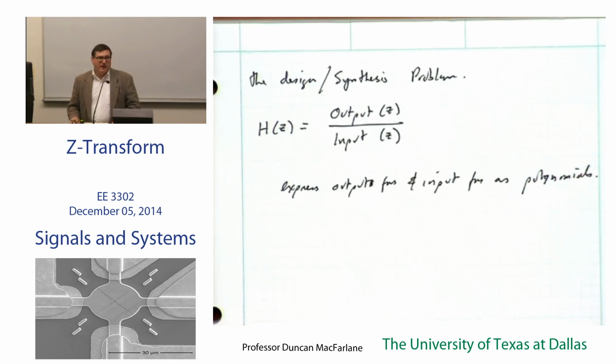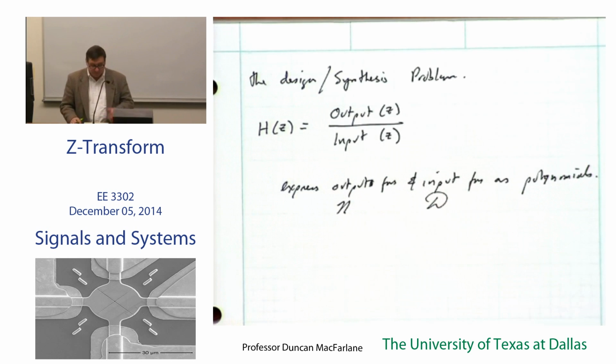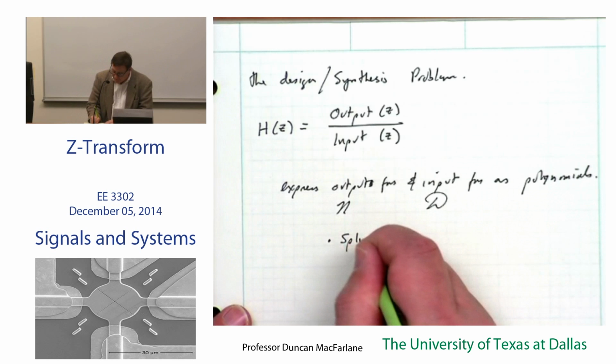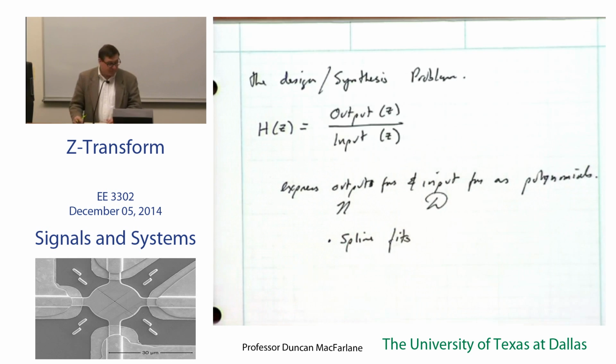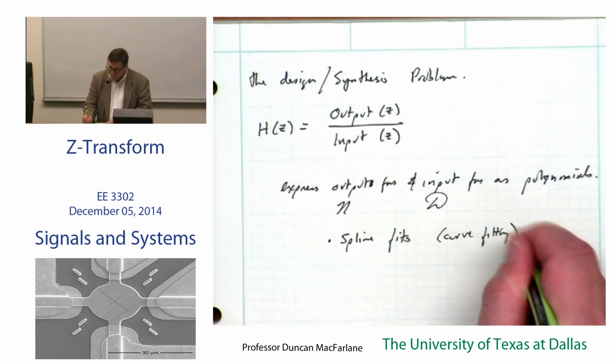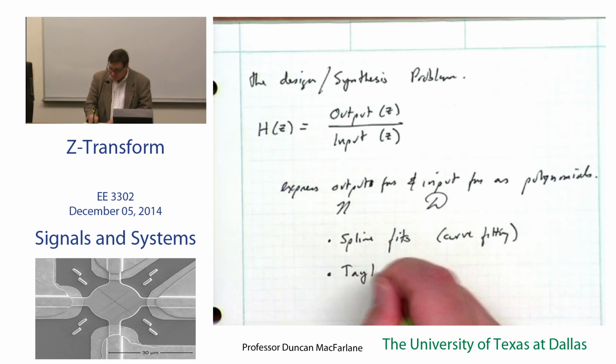So what we want to do is take a desired or prescribed filter response, and we see the problem now as expressing the output and the input, the numerator and the denominator, as polynomials. The kinds of things that we think about are spline fits, curve fitting, perhaps a Taylor series.